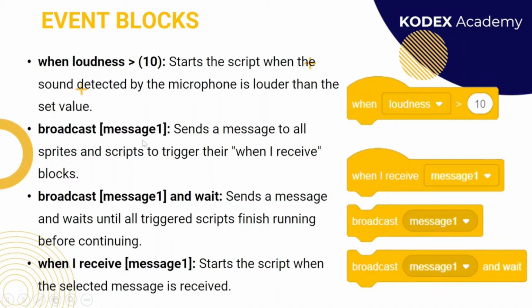Now the next one is broadcast message. This broadcast message is specially designed for when you are playing with multiple sprites, and you want to send a particular message to all the sprites present in your script. When you are receiving any particular message, this one block, broadcast message, and the last one, when I receive this message, are correlated with each other. Suppose when I receive hello from the cat, then I broadcast the message hello cat back to the other sprite.